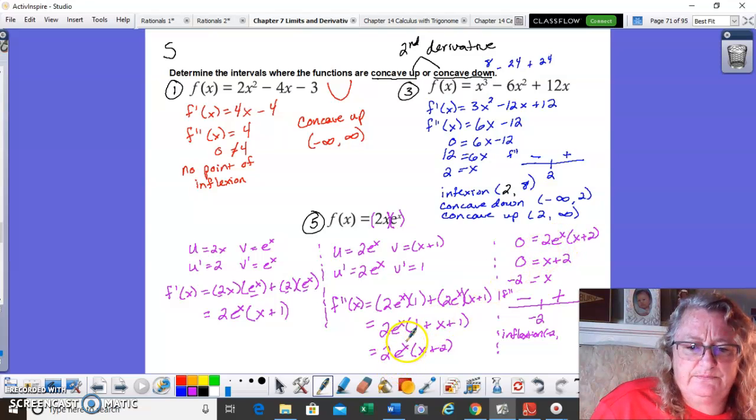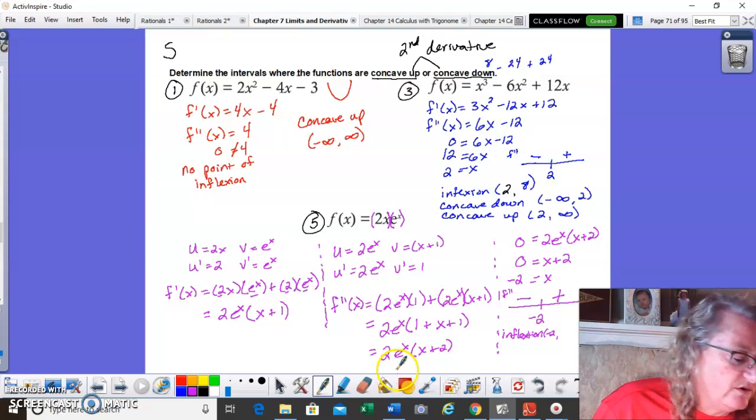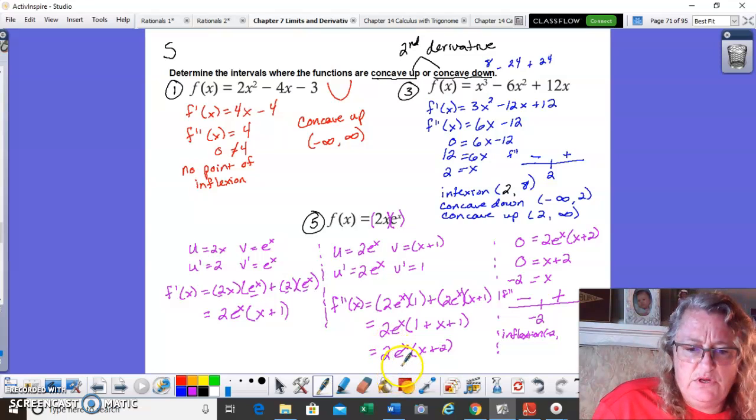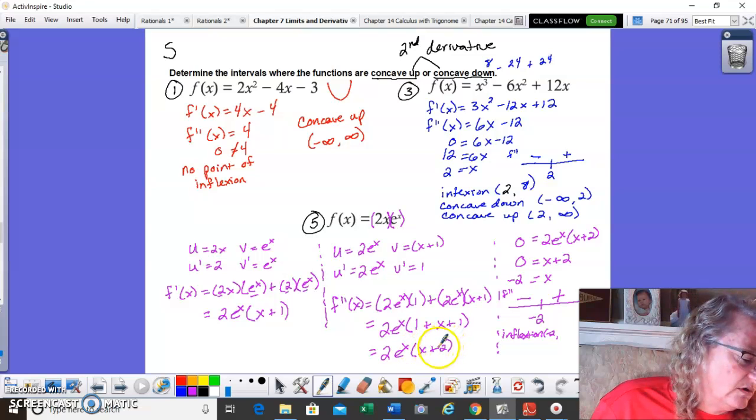Negative 2 over e squared. Where am I getting 4 from? 2 times negative 2. I'm getting negative 4 over e squared.